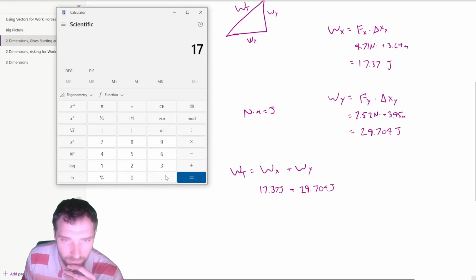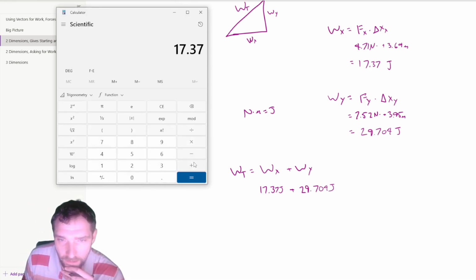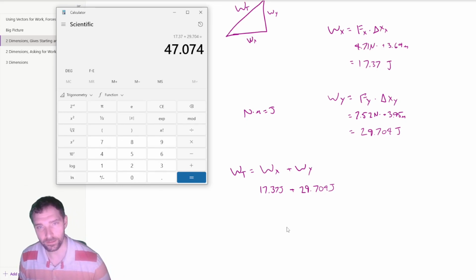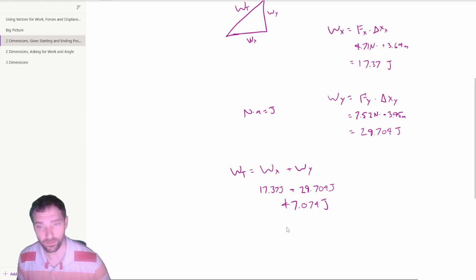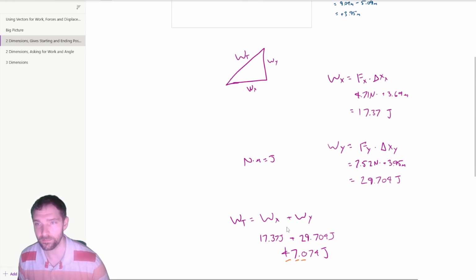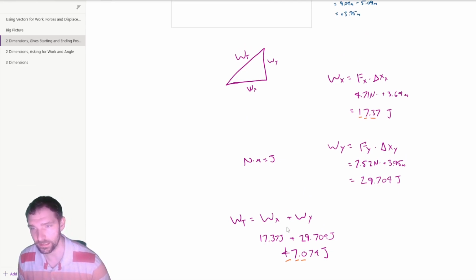We've got 17.37 plus 29.704. And this is going to be 47.074 joules. This does get limited down to the 3 sig figs, I believe, at this point, because these problems were limited to 3 sig figs in terms of their accuracy.